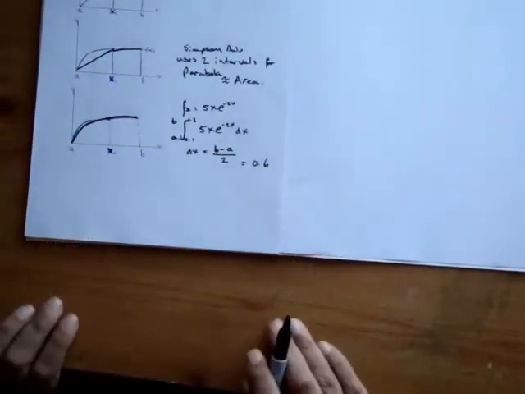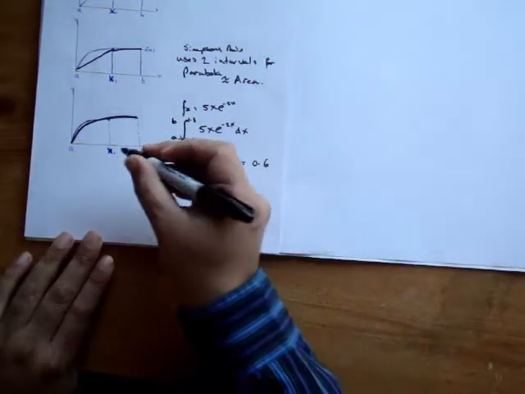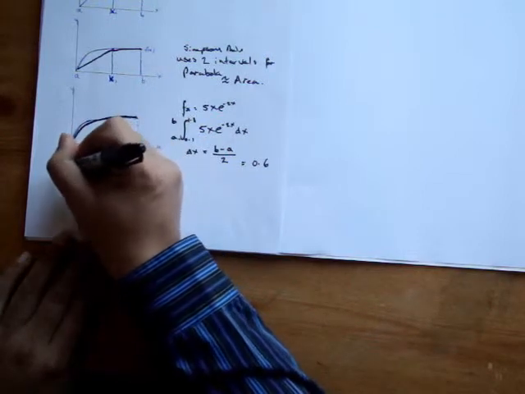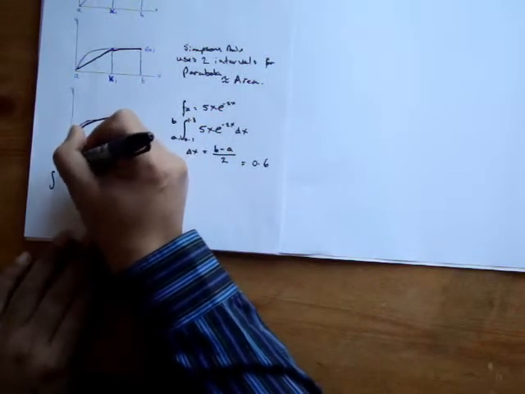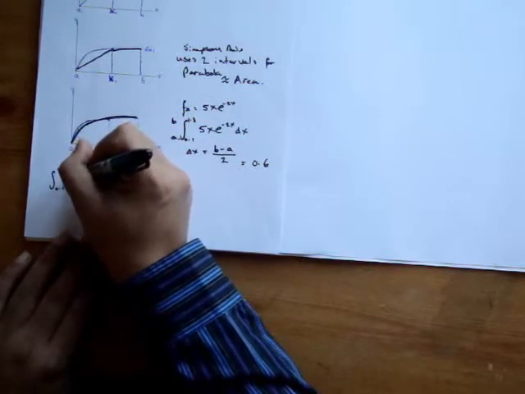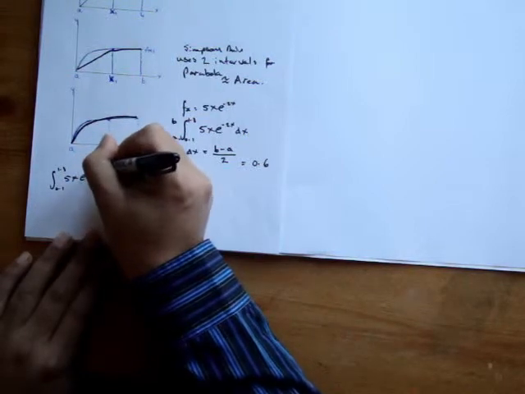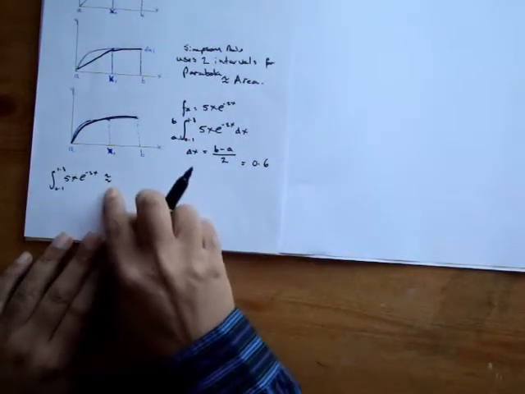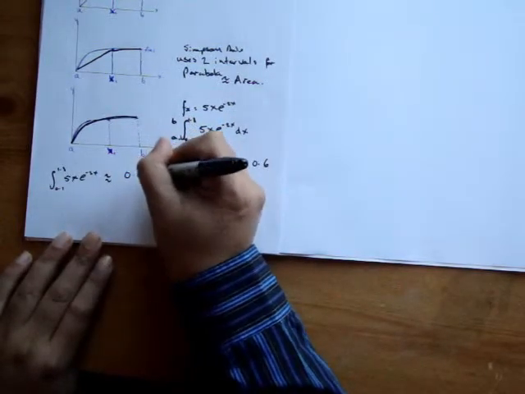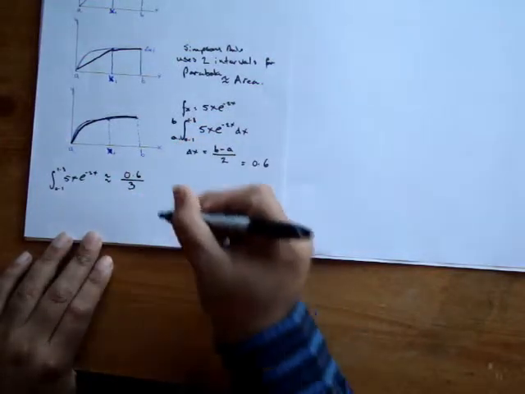Then we use our Simpson's rule. The area would be approximately the width 0.6 divided by 3, because it's Simpson's 1/3 rule.